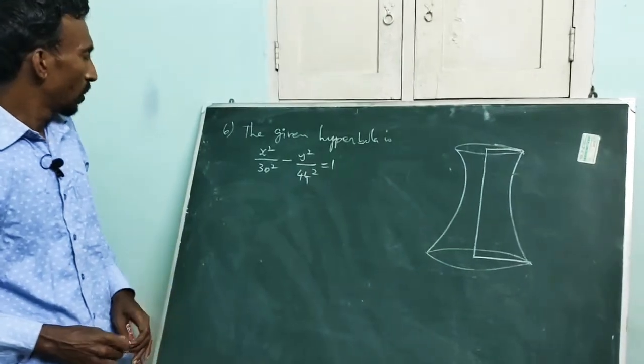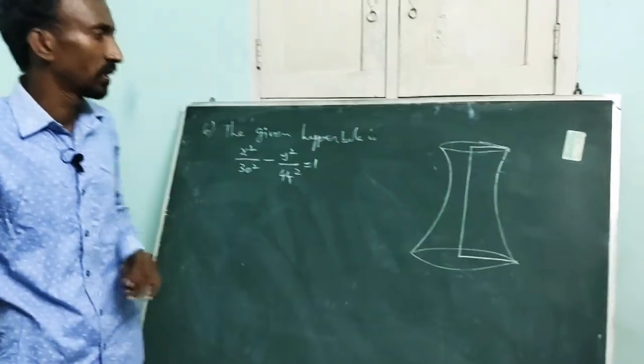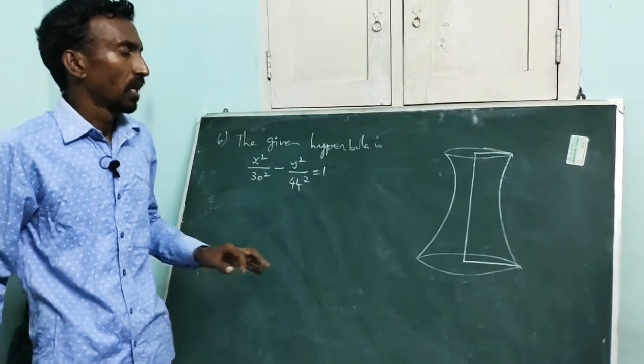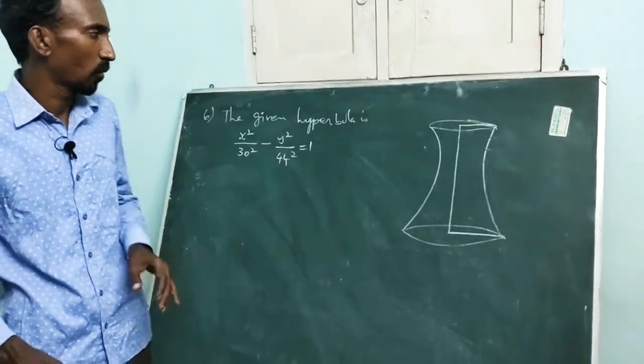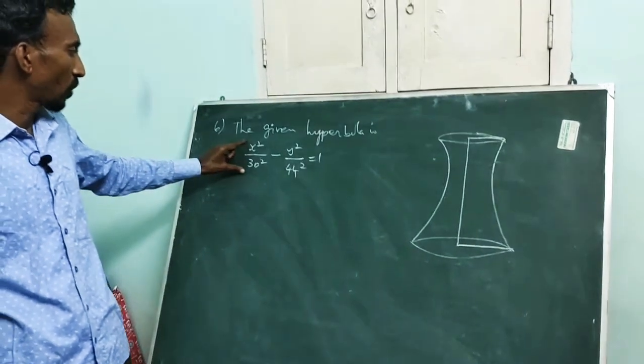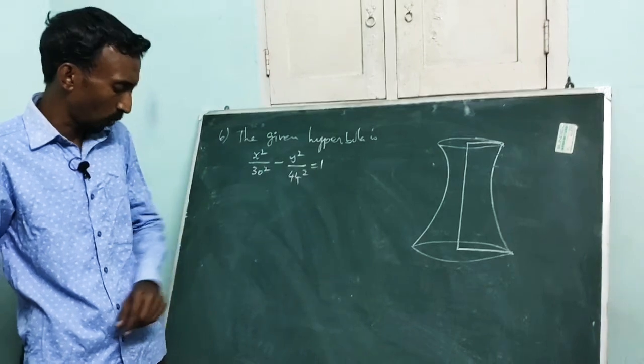Dear student, now the problem is related to hyperbola, question number 6 and 10. Question number 6 is, the cross section of a nuclear cooling tower is in the shape of a hyperbola with the equation x square by 30 square minus y square by 44 square equal to 1.